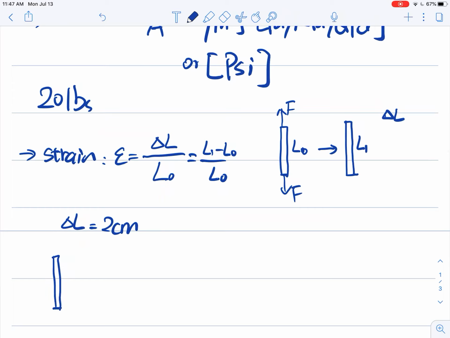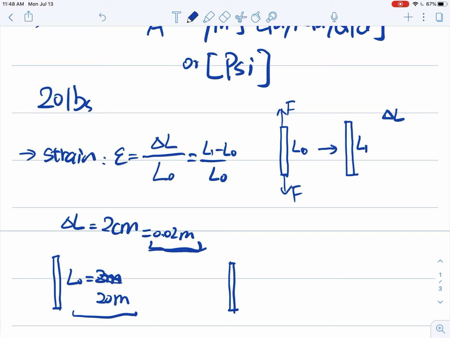If you have a very long bar with an original length of, let's make it 20 meters, and after you apply a stress to this material the change of length is only 2 centimeters, which is 0.02 meters, when you compare this change of length to its original length of 20 meters, the deformation is fairly small, right?